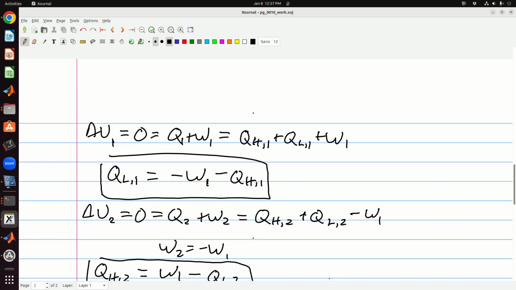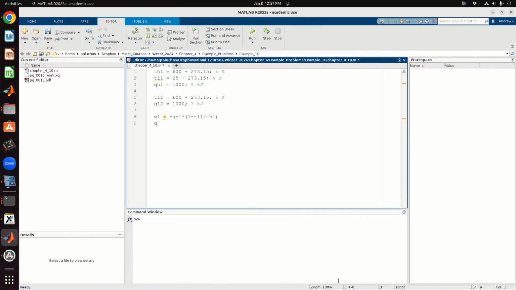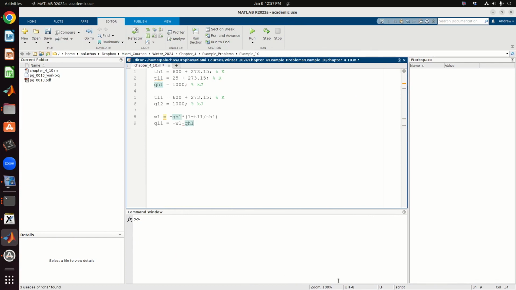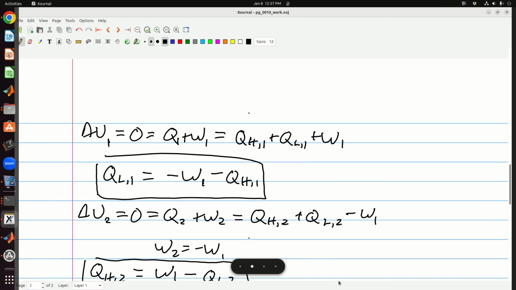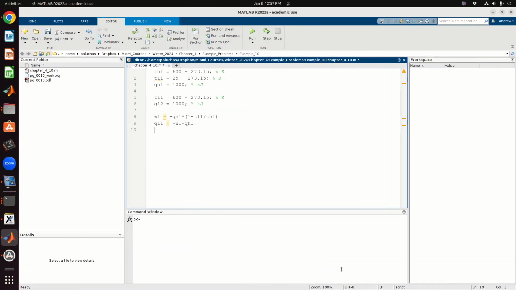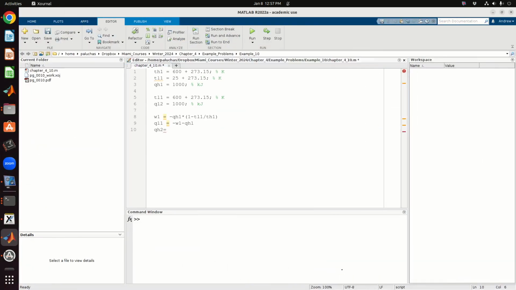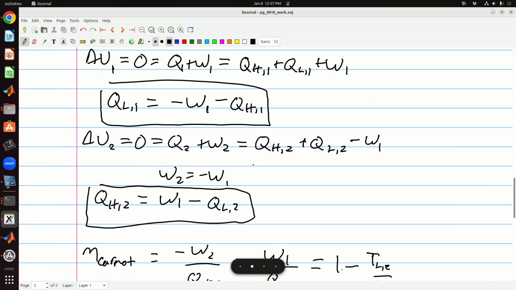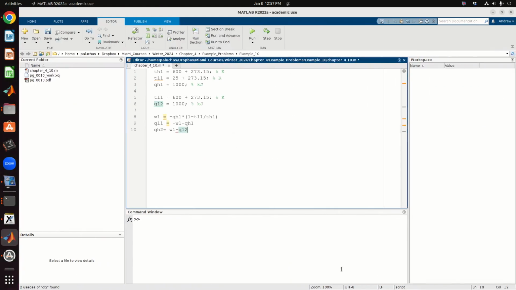Then if I want to get QL1, we have that QL1 was equal to negative W1 minus QH1. And then QH2 was equal to W1 minus QL2.